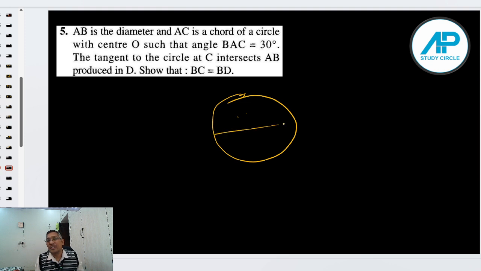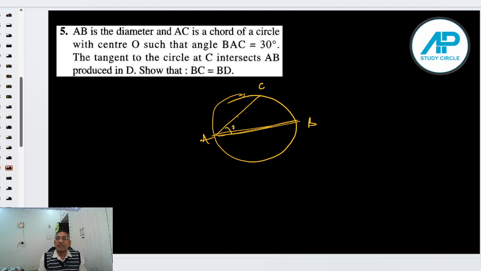So making a diagram here: AB is a diameter and AC is a chord of a circle with center O. So I make a circle. Please excuse my circle if it does not look like a circle. AB is a diameter and AC is a chord.